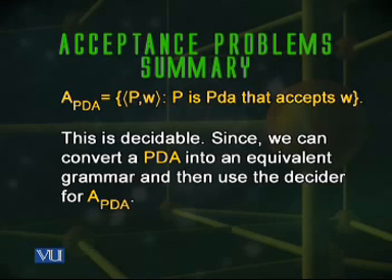So all you have to do is take the non-deterministic push-down automaton P, convert it into an equivalent context-free grammar, and then use the decider for A_CFG to find out if G generates w. That answer will tell you if P accepts the string w.